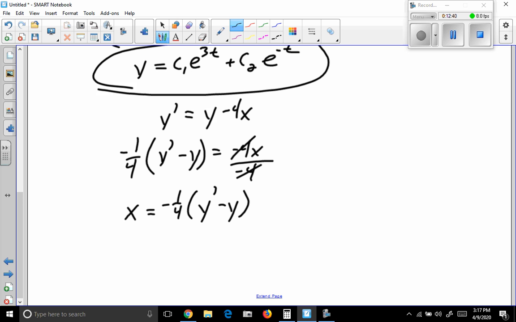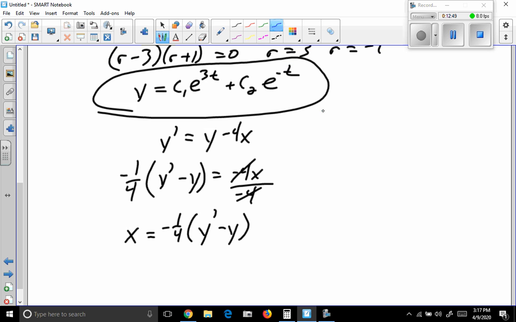So since we know what y is, we can put y in. Since we know y, we can get y prime. And we can plug that in, and that'll give us a function for x. So y prime, if we take the derivative, is 3c1 e to the 3t minus c2 e to the negative t.